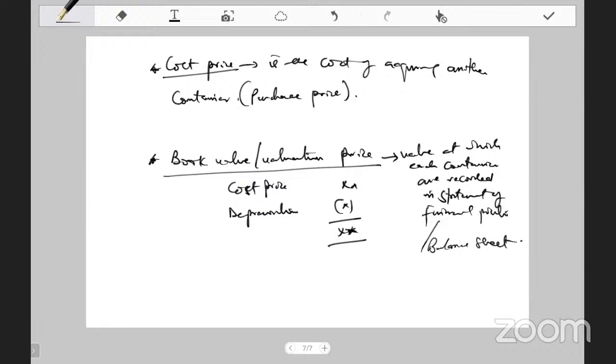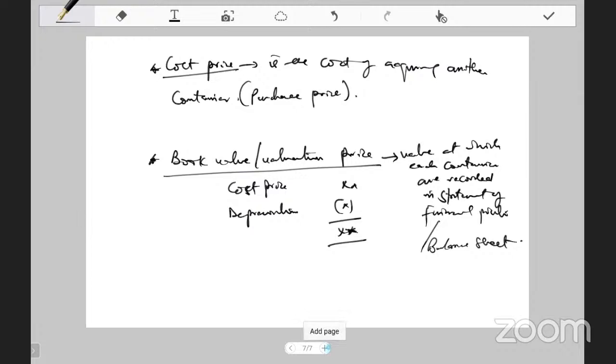Now, in the next term, I've also explained to you what we call depreciation, the amount that is written off the purchase price. So once the purchase price is reduced, then we get what we call book value.